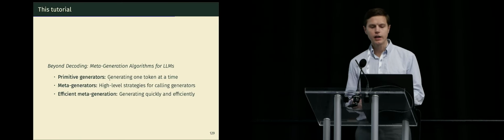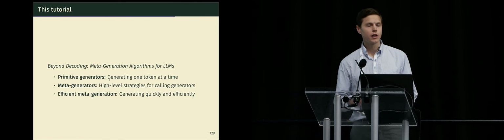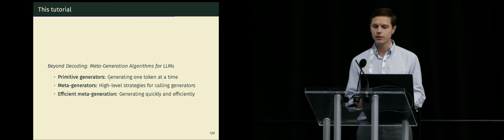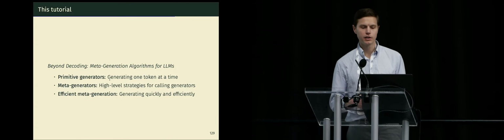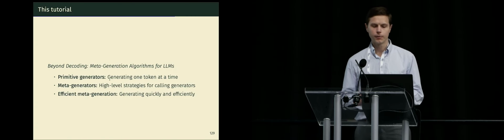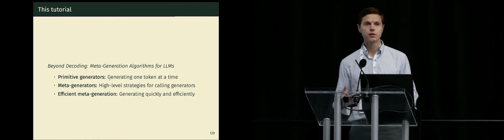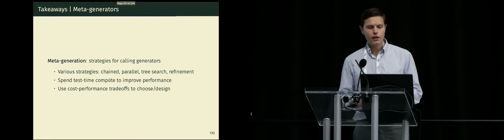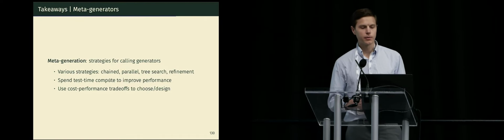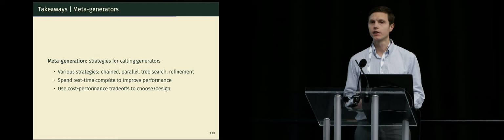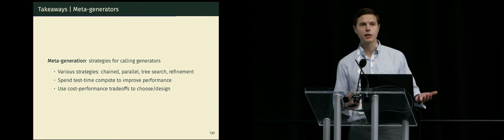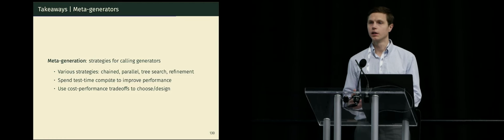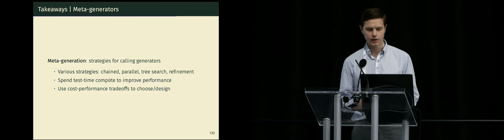Then we looked at some higher-level patterns for calling these generators repeatedly and incorporating external information, like a reward model or some external tool. And then finally, Hailey talked about strategies for efficient generation and meta-generation, which are really critical for scaling these methods up or deploying them in basically any setting that you have.